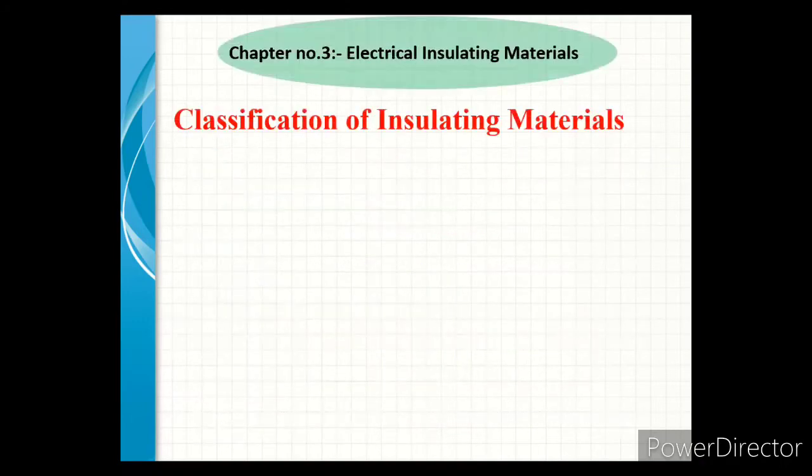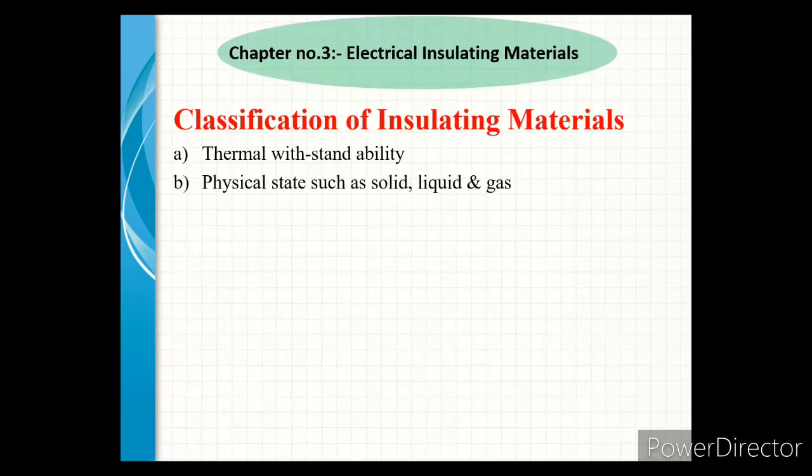Next, we start the classification of insulating material. First class of insulating material is by thermal withstandability. Next class is by physical state, such as solid state, liquid state and gaseous state.